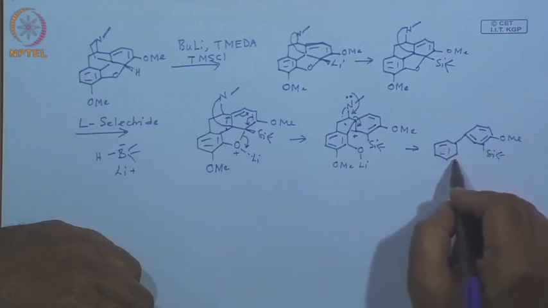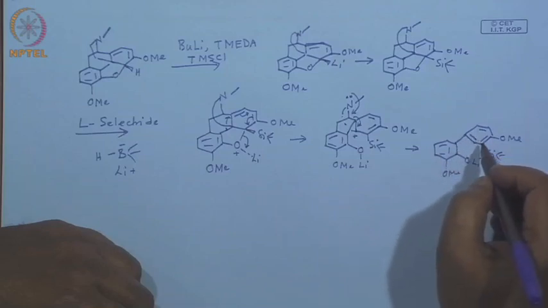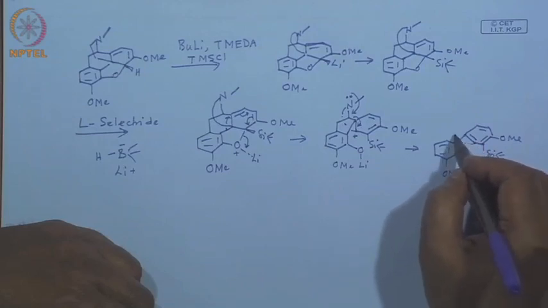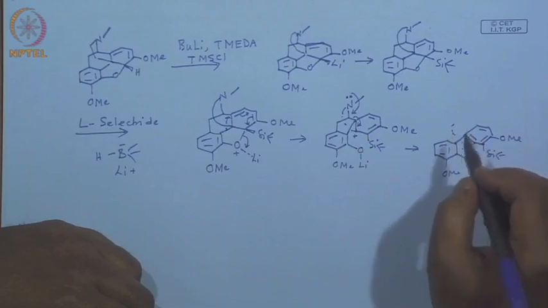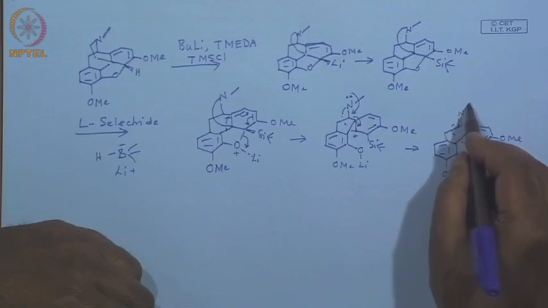Then you have the double bond and this O lithium, OMe, all these things, and what else? Then this bridge here, and you have now nitrogen and methyl.